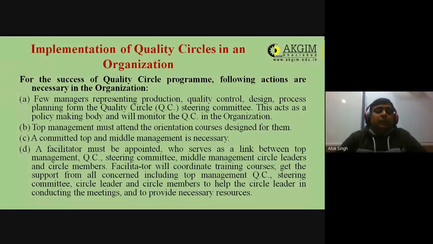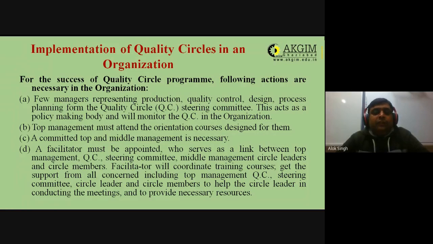Okay, a committed top and middle management is necessary. So that is also a requirement. Means a committed top and middle management would be there to resolve any problem, or to take action on an immediate basis. Okay, a facilitator must be appointed.